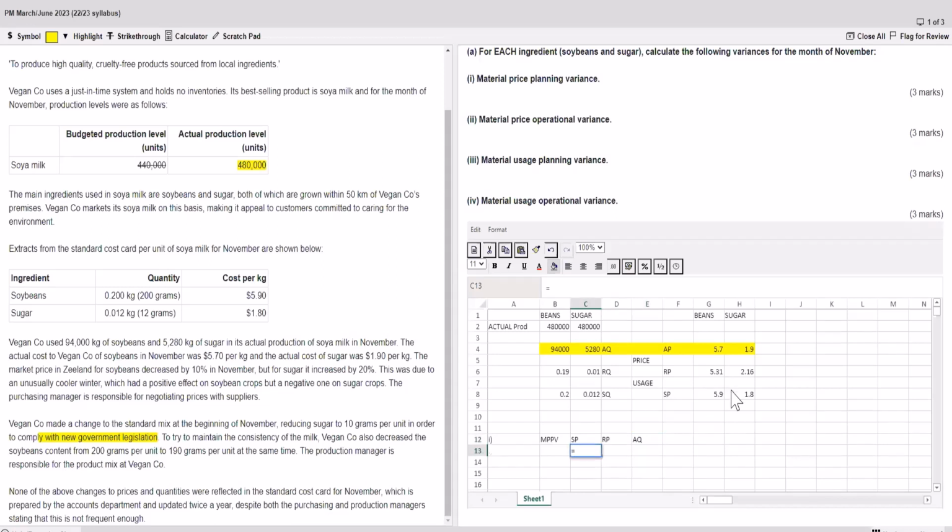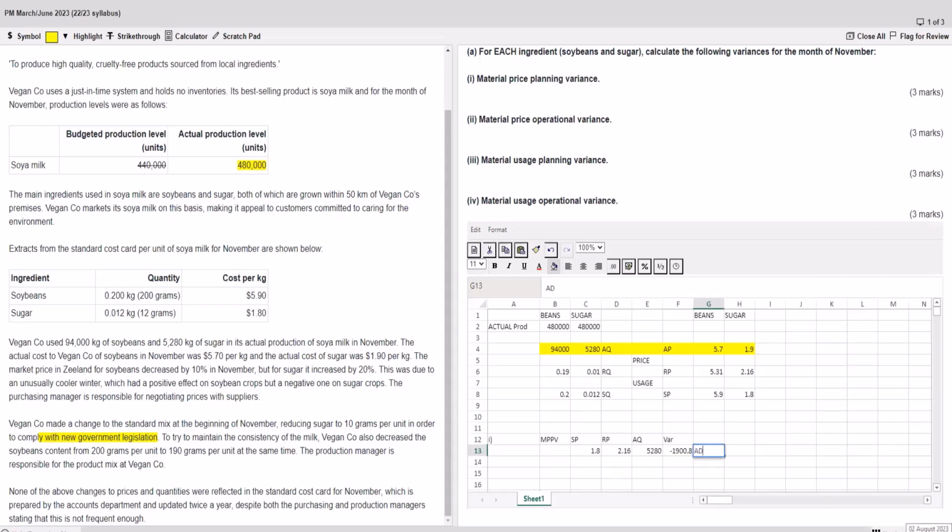So standard price for sugar, revised price for sugar, and then actual quantity for sugar. And therefore the variance for sugar is going to be, now the best way to do this is because you only have to do this once, because you can copy it then, is to take the standard price minus the revised price and times it by the actual quantity.